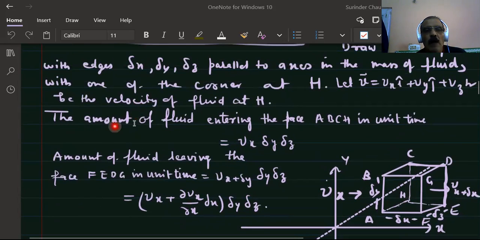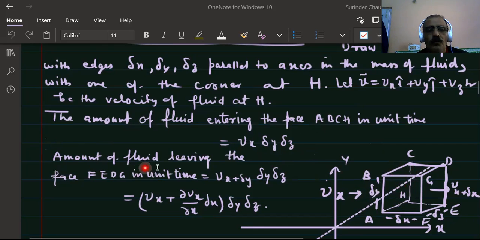Now the amount of fluid entering the face ABCH is equal to the velocity parallel to the x-axis, vx, into the area, del y into del z. The amount of fluid entering the face is equal to area into component velocity.